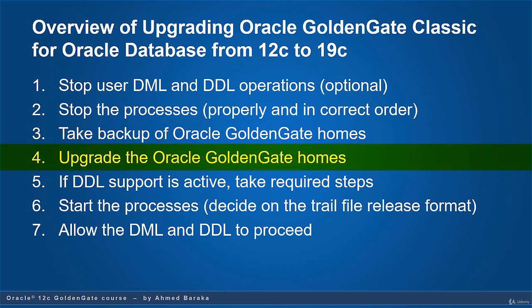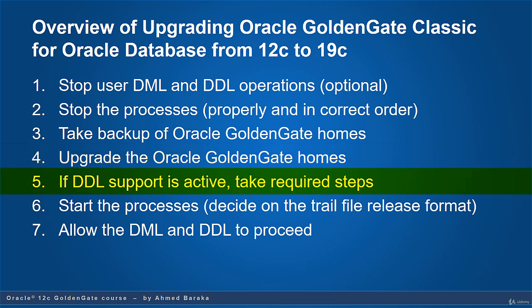Then upgrade Oracle GoldenGate homes in the systems that you want to upgrade. We can upgrade the existing home. No need to install the new release in a separate home. If DDL support is being used in the GoldenGate configuration, further steps should be taken. Refer to the upgrade documentation to learn about those steps.